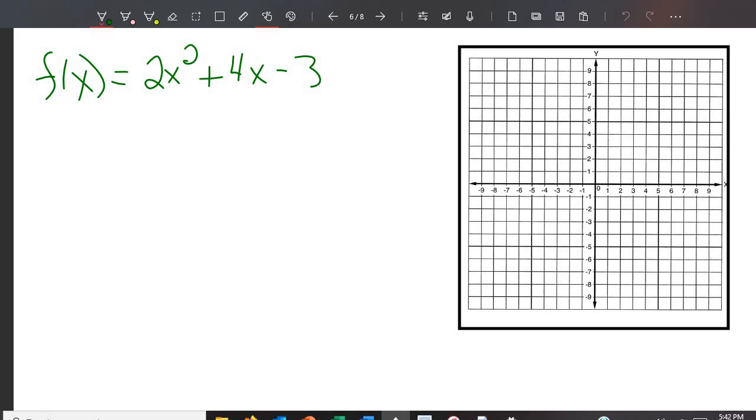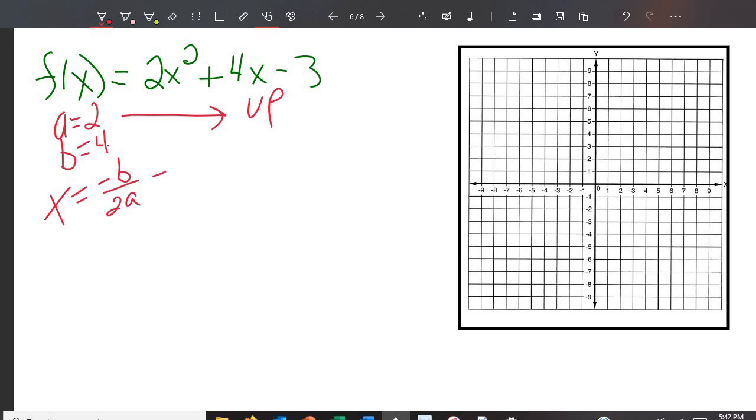We'll do another one. In this problem, A is 2, B turns out to be 4, and because that's a positive, it's going to go up. We use this to find x. So here we have B to be 4, A to be 2. So when we simplify that, we're going to get negative 1.